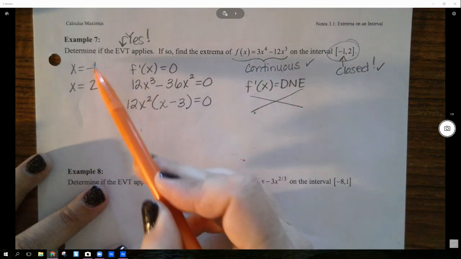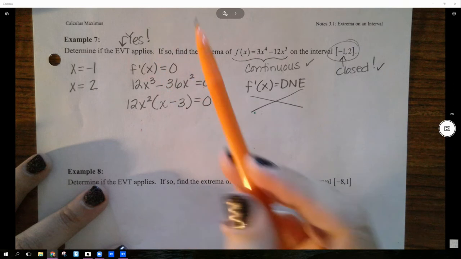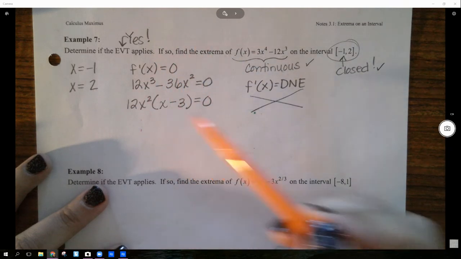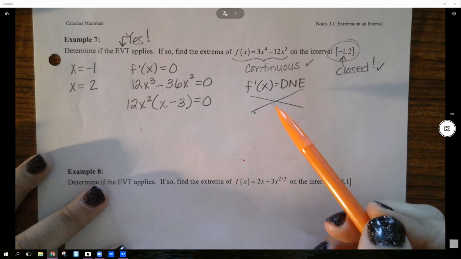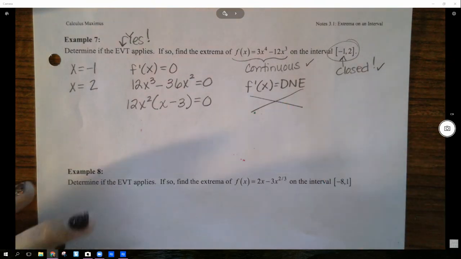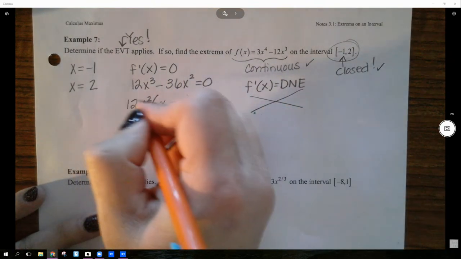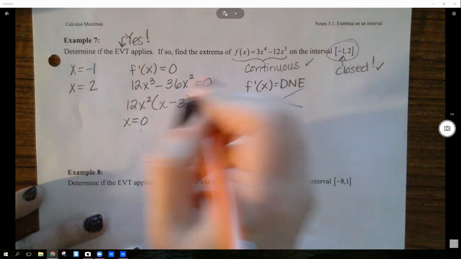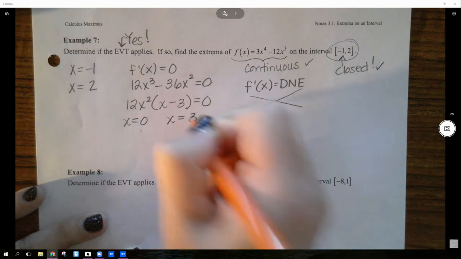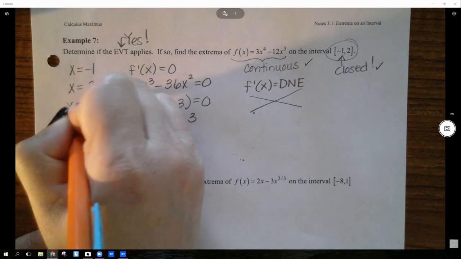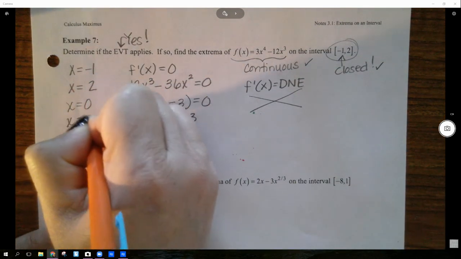We included our endpoints as our critical values, and now we are looking at when the derivative equals 0 and where the derivative does not exist. We know since this is a polynomial, the derivative is going to exist everywhere, so no worries with this. Now we're working on solving this. So if 12x squared equals 0, x is going to be equal to 0. The other critical value is going to be x equals 3. Okay, so we're going to add these to our list. x equals 0 and x equals 3.